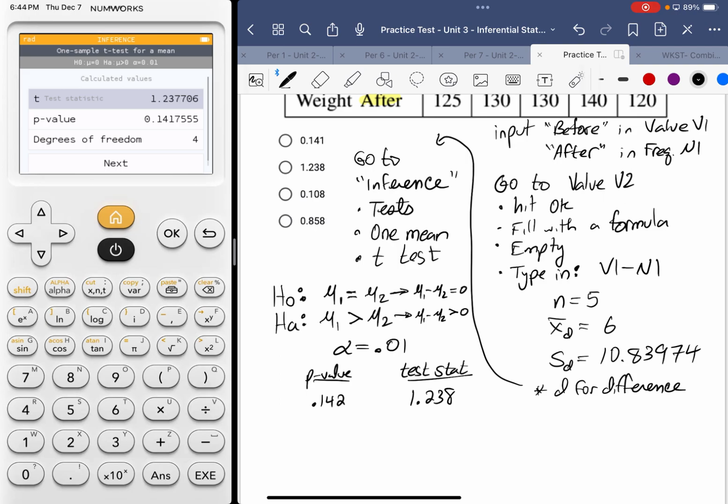So if you don't know the difference between a p-value and a test statistic, that's probably an issue because it says it right there, test statistic, and it says p-value right there. So if you're in the right test, then it's almost impossible to screw up at the finish line or trip at the finish line, right? Now, that being said, we have something that's close to, but not quite exact, but close enough is good enough.